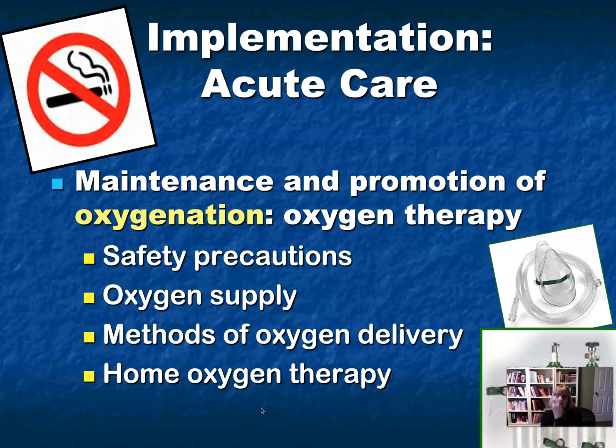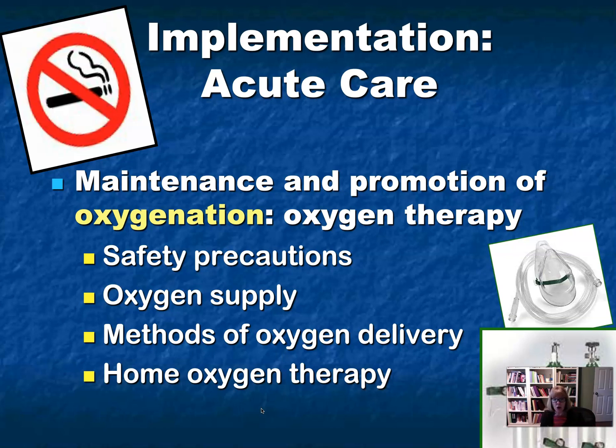The two little prongs that go up into the nose. All right, we know that it can be administered via a mask, a simple mask, a non-rebreather mask with a bag or without, and then through Venturi methods and such. And believe me, there are even more methods beyond that. But let's look at why one might be chosen over the other.